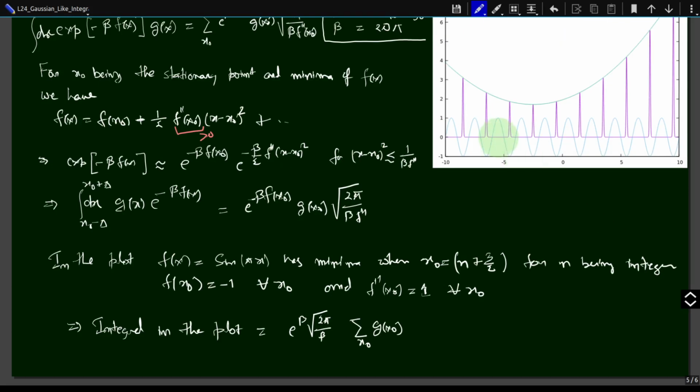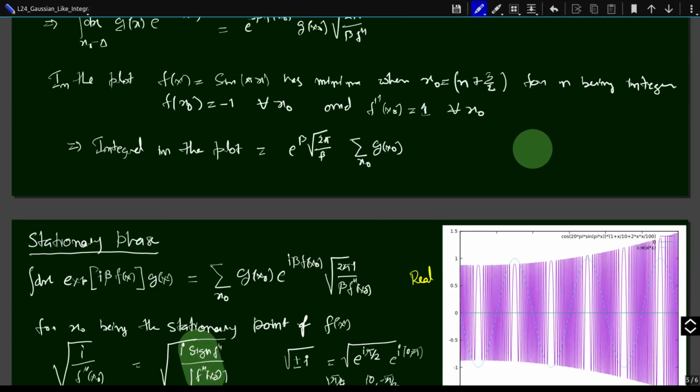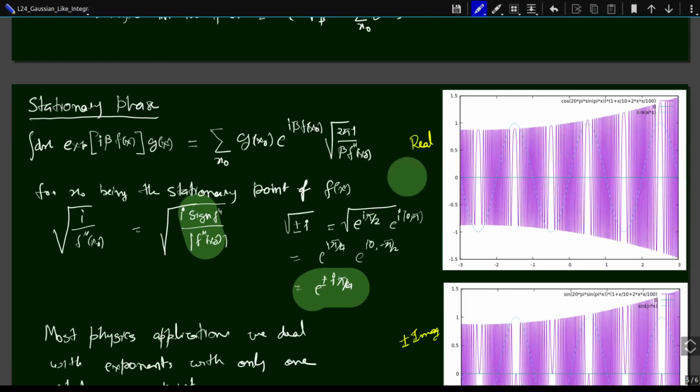Okay, and here the contribution away from this central piece dies out exponentially, but in the case of the stationary phase method, the contribution from anything other than the extrema point dies out algebraically. Okay, so it will be x minus x naught to the power something, while for the steepest descent case, for the real exponent case, it will die out with exponential minus some number times x minus x naught to the power something. Okay, so it will die out exponentially over there, and here only algebraically.